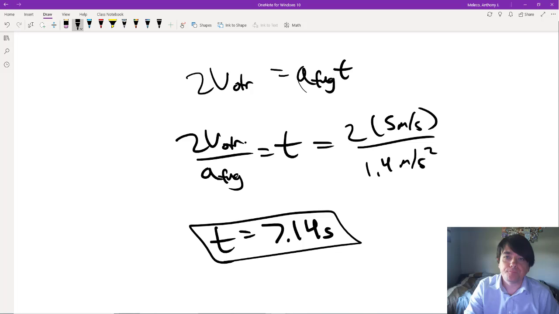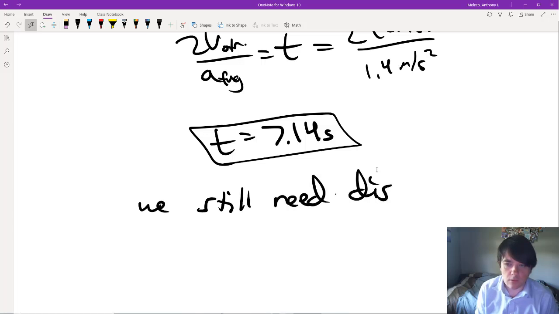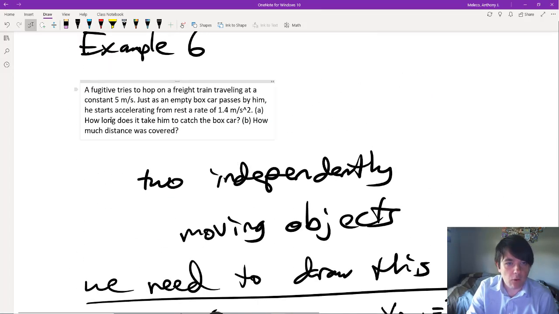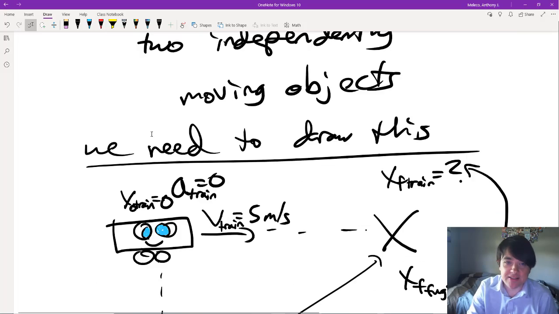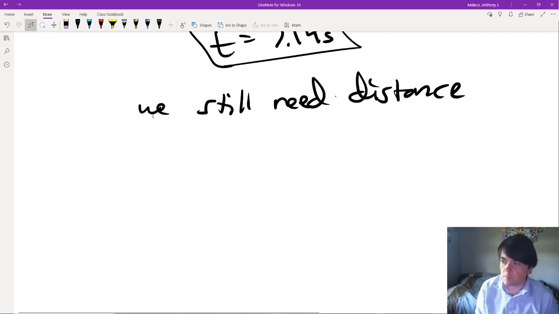Now, we still need distance. Because, if you recall, the problem asked for how long it takes, and we just did that, and now how much distance was covered. So, we have two equations that we can use.